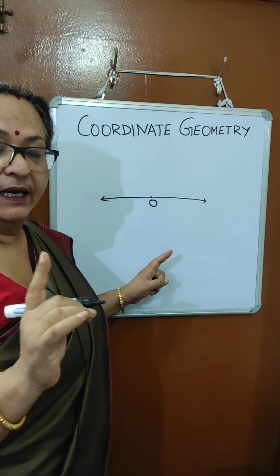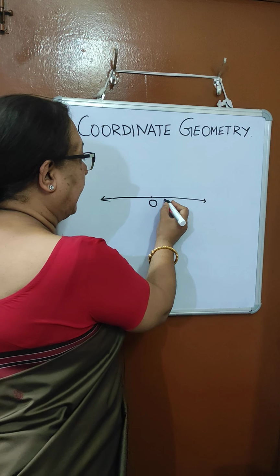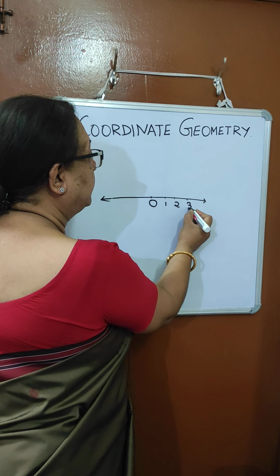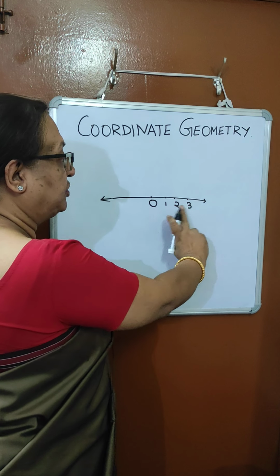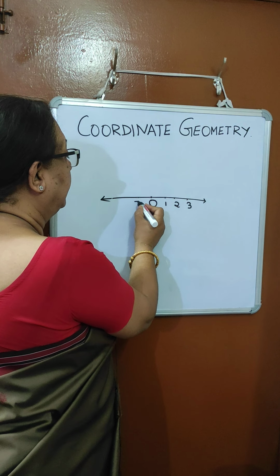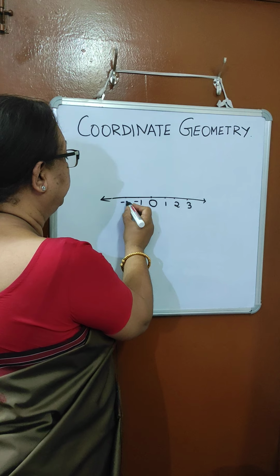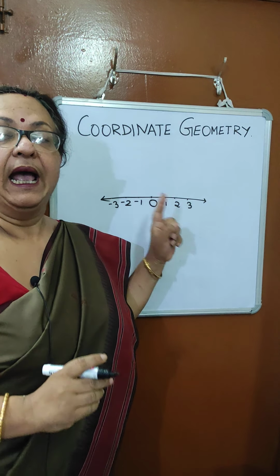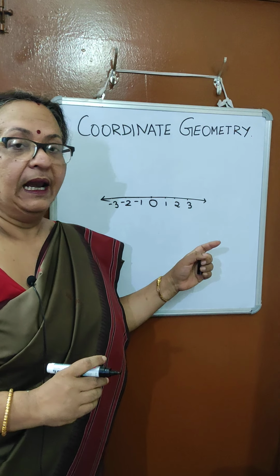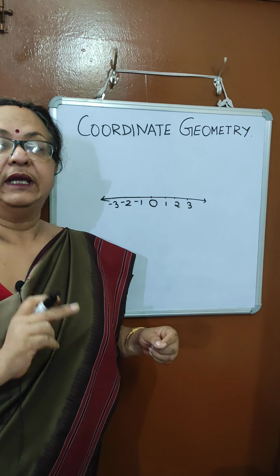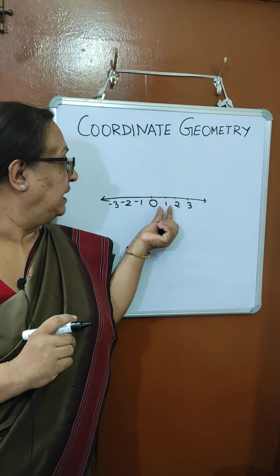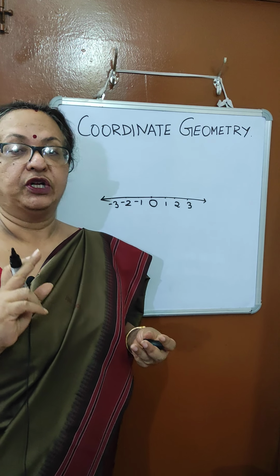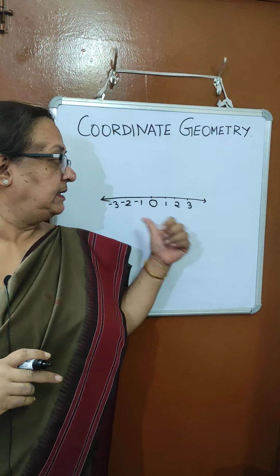Zero in a number line, you know that we have plus numbers on the right hand side, negative numbers on the left hand side, and this on a number line. Another important thing to be noted is all the numbers are equally placed, equidistant from each other. This is a number line.